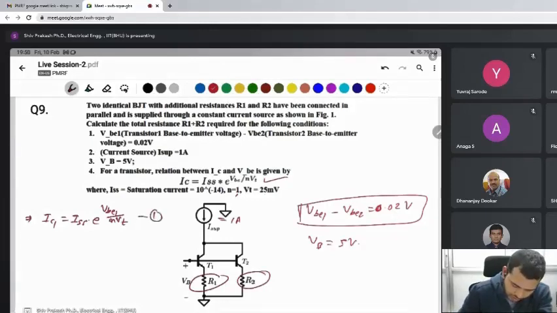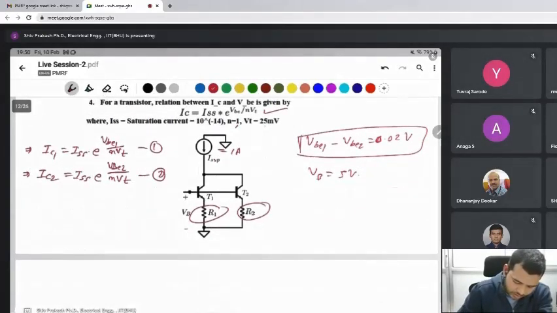Same thing for IC2: IC2 is ISS e to the power VBE2 divided by nVT. You can divide both equations, the first by the second.